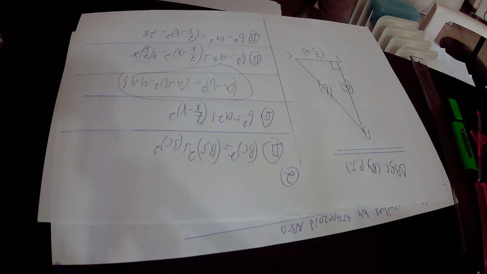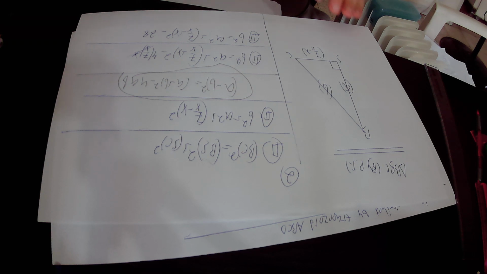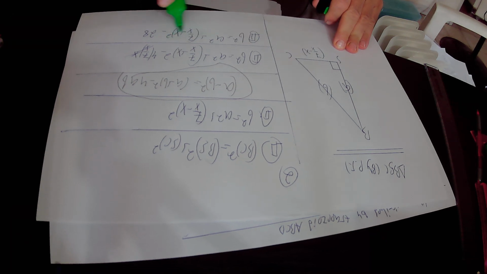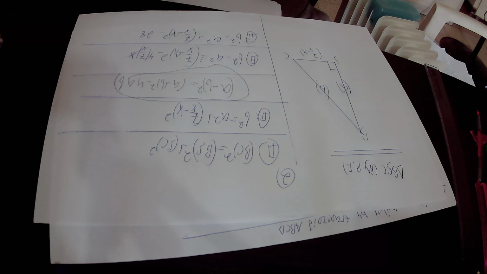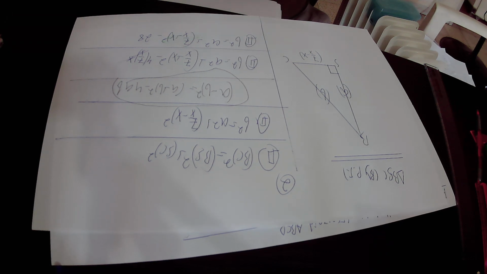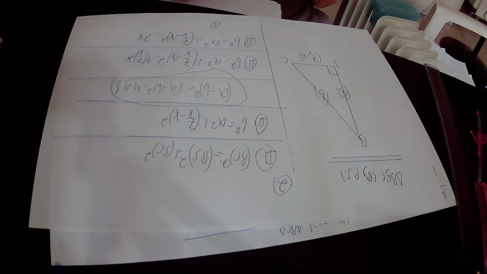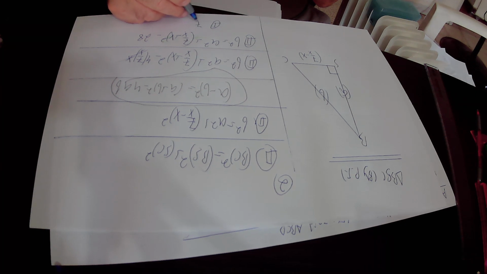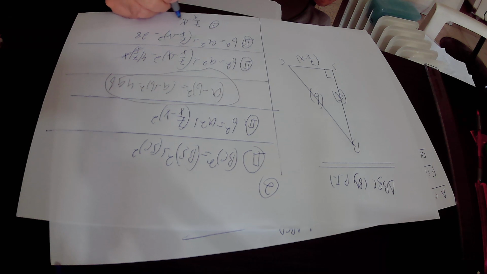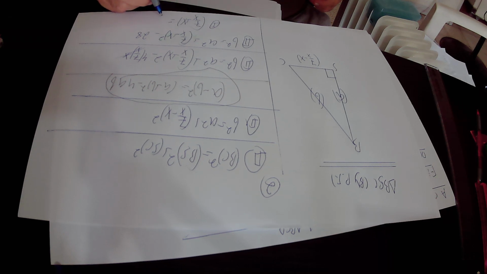So in this equation 2 we have this expression 7 over X plus X. But according to equation 1, we have already found out that 7 over X plus X is equal to A plus B.